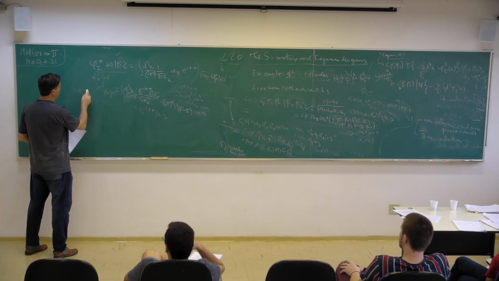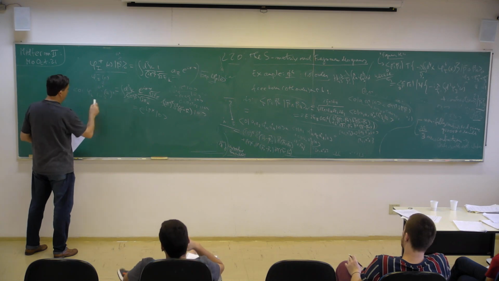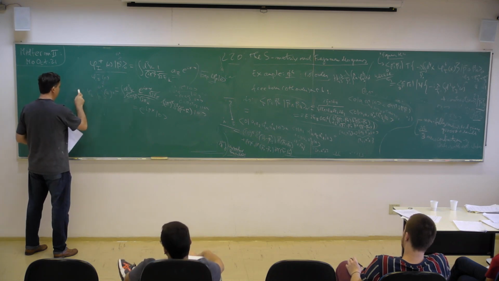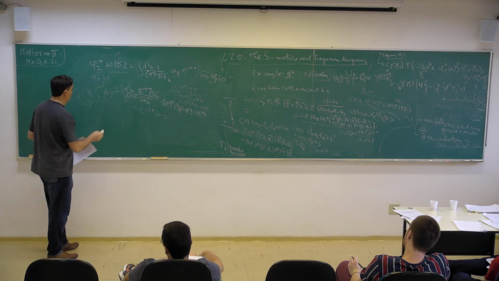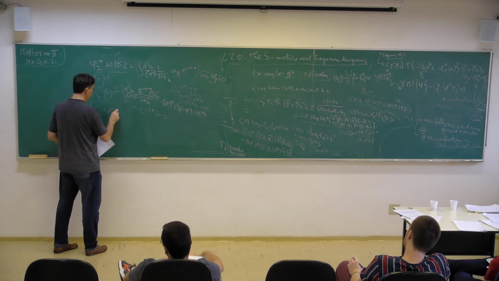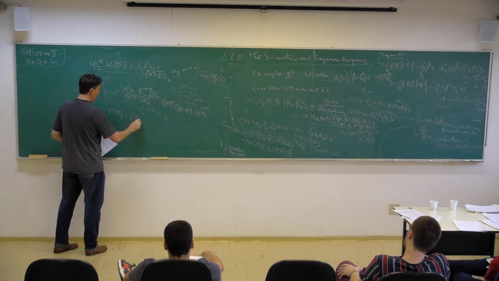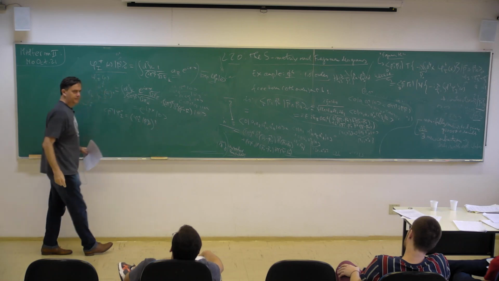So if I have phi I in between states, phi I plus will give me this factor, and then phi I minus will act on this side. So let's say <p| phi I minus is <0| phi I plus p dagger, right?